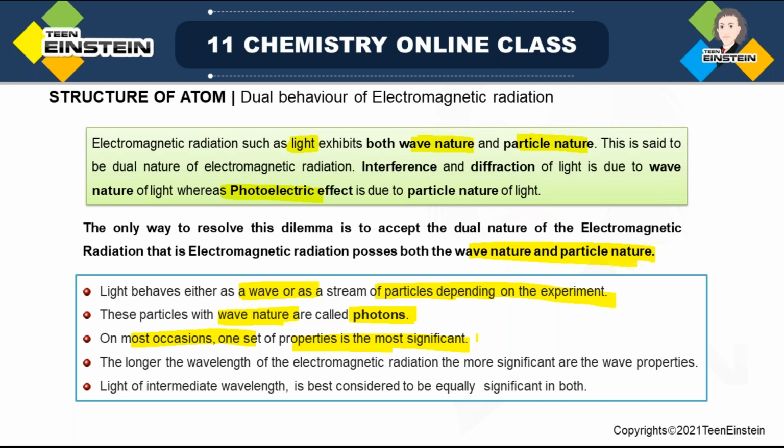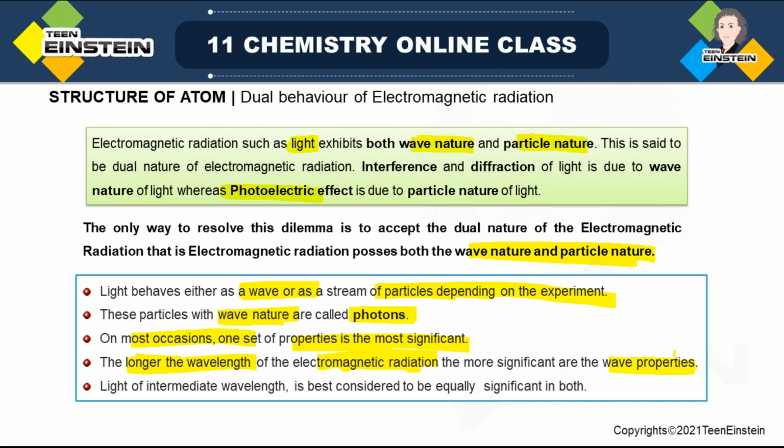Now when is wave property significant? You can understand, the longer the wavelength of the electromagnetic radiation, and longer wavelength means low energy. So on the low energy or low frequency side, wave properties will be more significant.